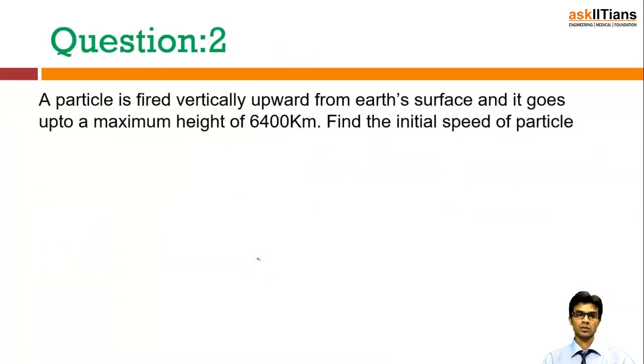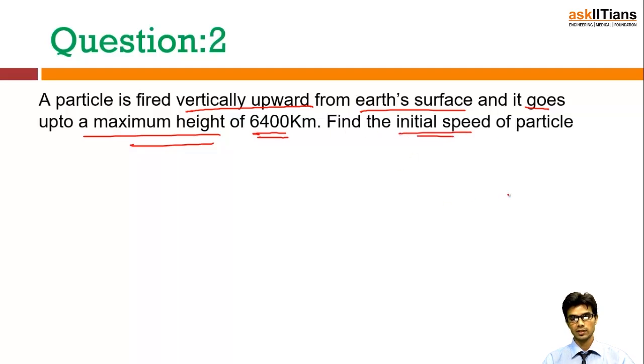Now question 2. An object is fired vertically upward from Earth's surface, and it goes to a maximum height of 6400 km. Find the initial speed of the particle. Let us consider this figure.